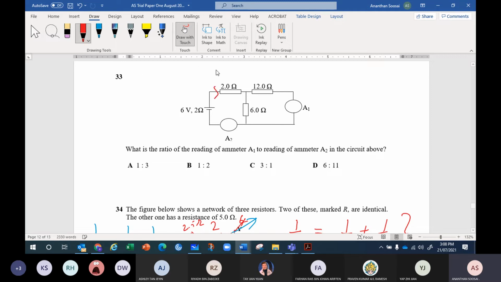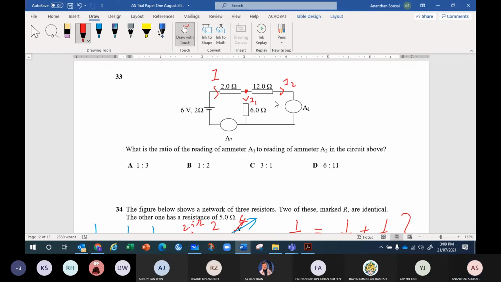Okay, let's say the main current is I. We don't know what I is, I just say I. When it comes to this junction, there is a junction I'm pointing here, the current is split into I1 and I2, let's say.